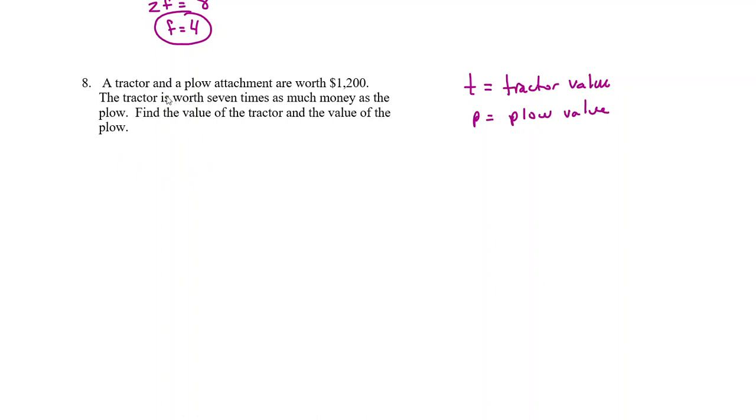And so together, the 2 values, T plus P, are $1,200. And that's the first sentence here. The tractor is worth 7 times as much as the plow.